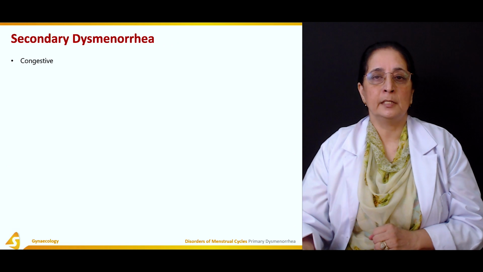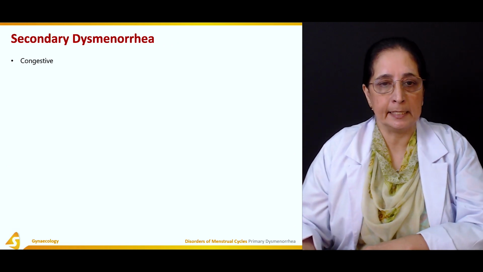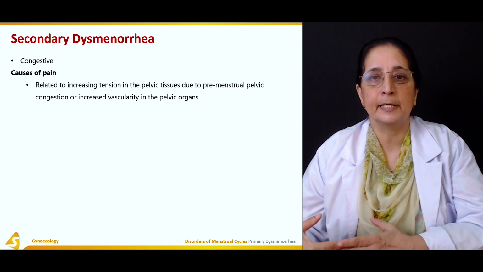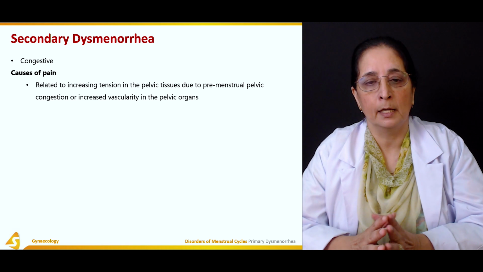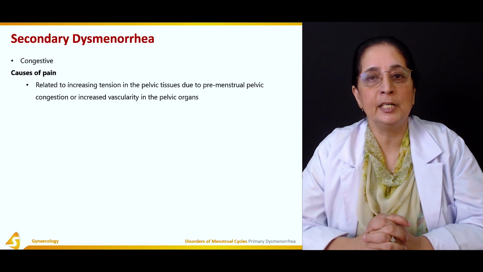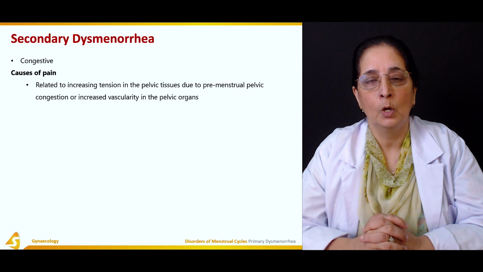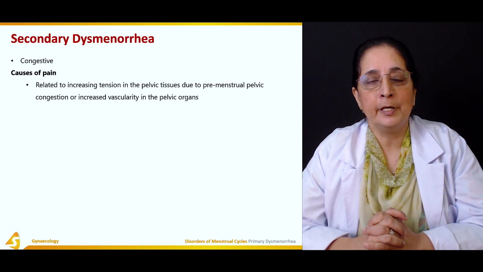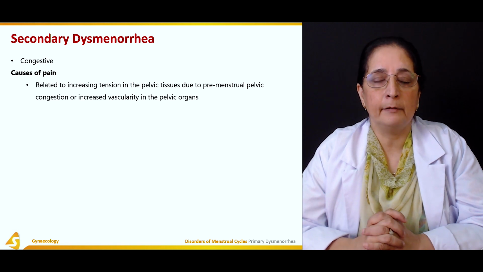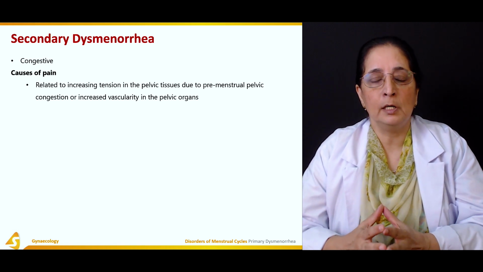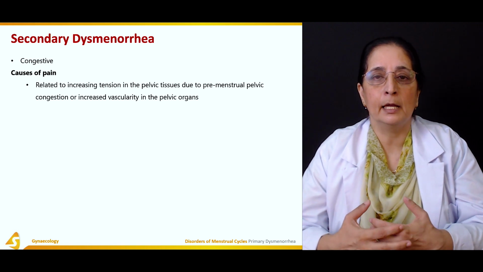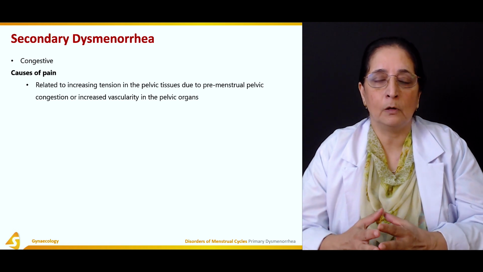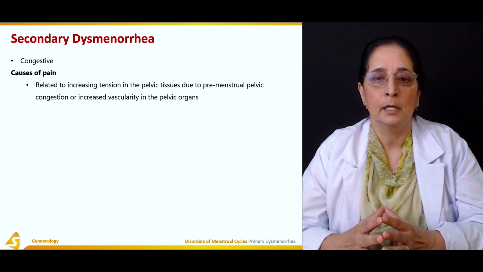So secondary dysmenorrhea can be congestive, and the cause of pain in congestive secondary dysmenorrhea is related to increased tension in the pelvic tissue due to premenstrual pelvic congestion and increased vascularity in the pelvic organs. Premenstrually, there is an increase in the congestion or the blood supply of the pelvic organs.